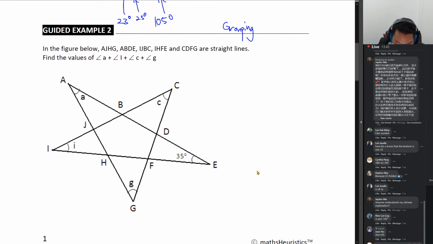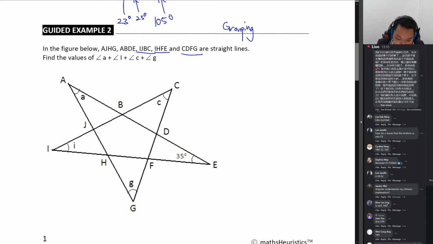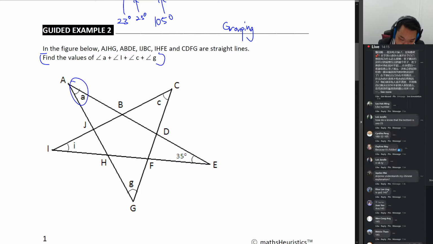So based on this, in the figure below, AJHG, ABDE, IJBC, IHFE, and CDFG are straight lines. Okay, all these are straight lines. So find the values of A plus I plus C plus G.